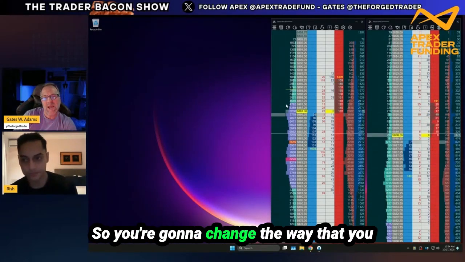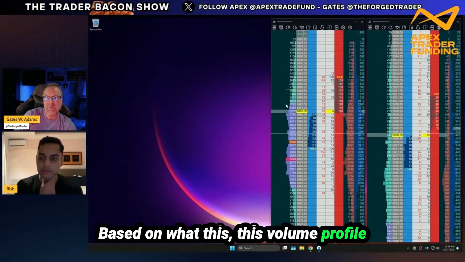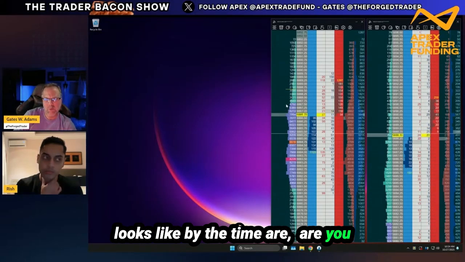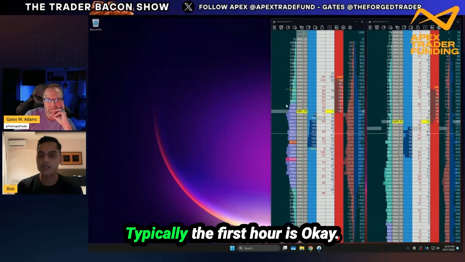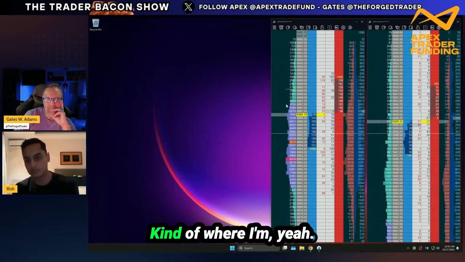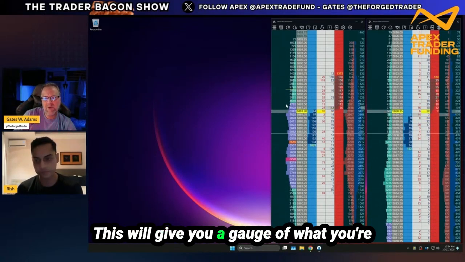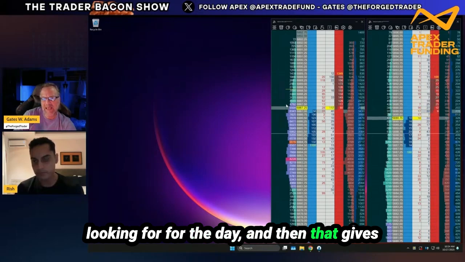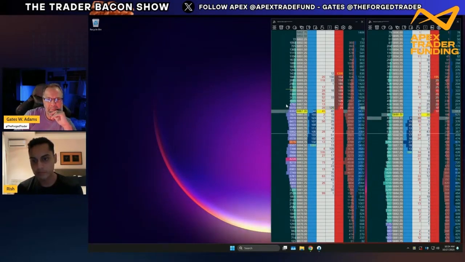So you're going to change the way that you trade based on conditions coming into it, based on what this volume profile looks like by the time you typically trade the US morning session? Yeah, typically the first hour. You want to see what this profile looks like. This will give you a gauge of what you're looking for the day, and then that gives you your execution parameters, if you will. Yes, correct.